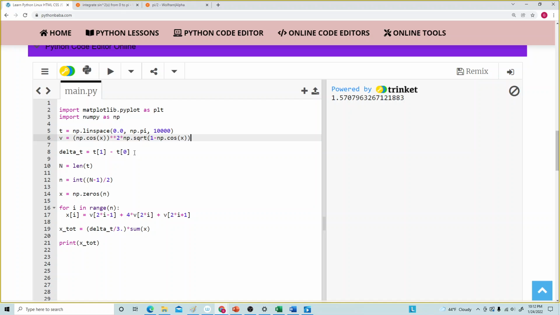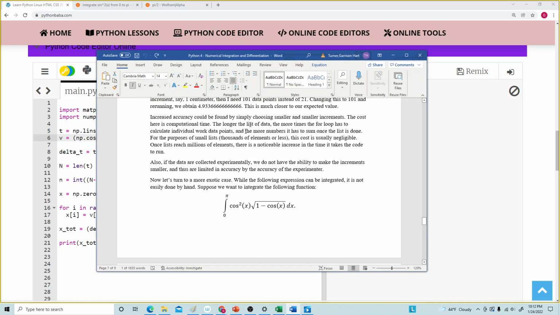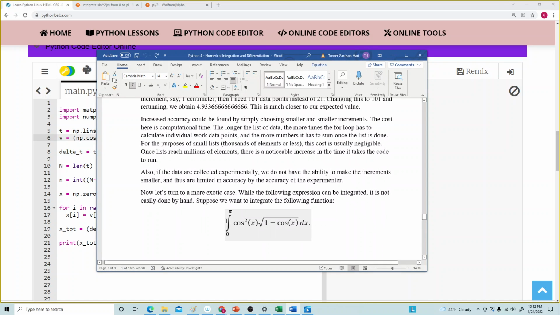Okay, so this is a rather complex function, but it looks like this. And so we're going to integrate again from 0 to pi.